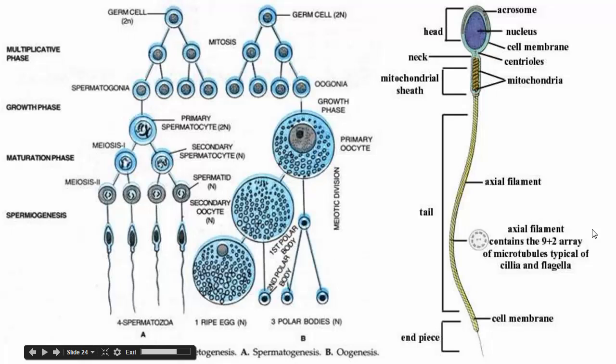These cells, which are still diploid, the cells that are going to become sperm cells eventually, are spermatogonia or oogonia, depending on which one we're talking about. These grow into an immature cell that is eventually going to go through meiosis. These are called the spermatocytes.